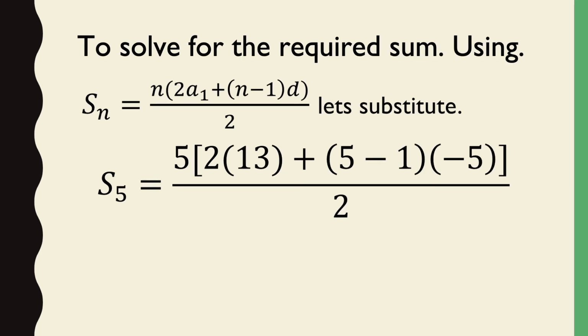To solve for the required sum using S sub n is equal to n times the quantity of 2a sub 1 plus n minus 1 times d over 2, let's substitute. So, S sub 5 is equal to 5 times the quantity of 2 times negative 13 plus 5 minus 1 times negative 5 over 2.